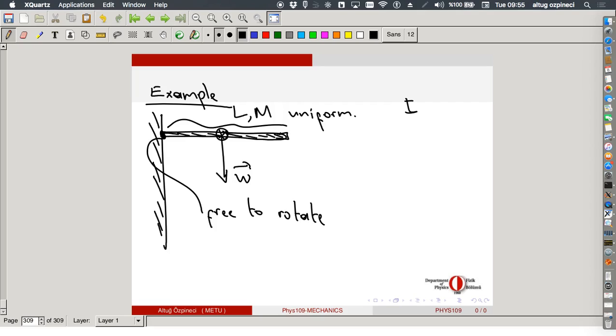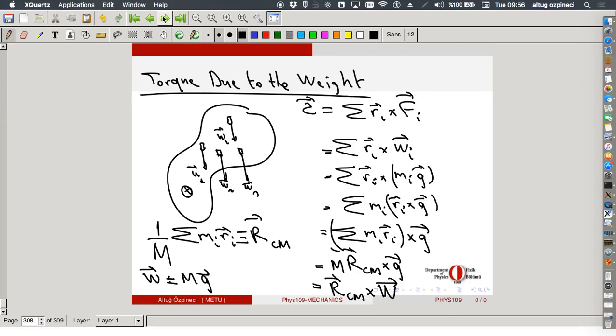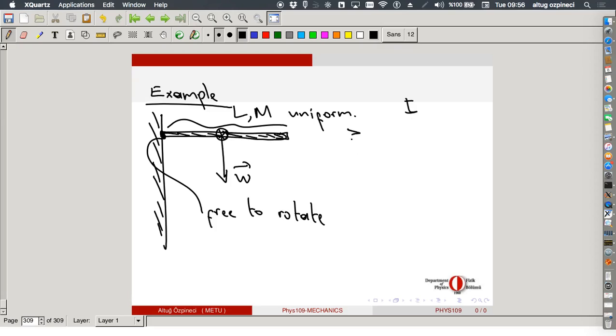Now, we already have one unknown, the force acting over here. One nice thing about the torque is that it depends on the position vector. This torque is r cross F, the torque about an arbitrary point.